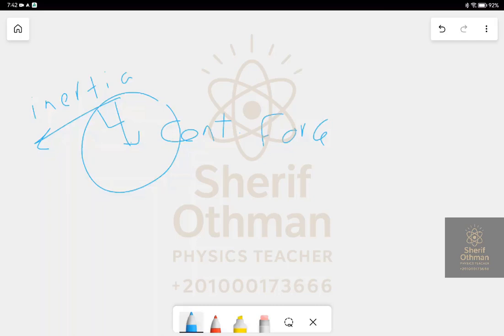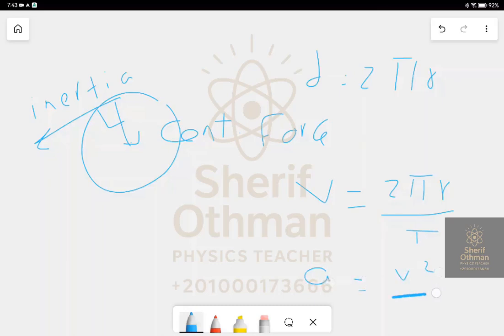moves a distance for each cycle equal to 2 pi r, which is the circumference. The velocity is equal to this distance, 2 pi r, covered in a certain time, which is the periodic time T. And the acceleration of the object is equal to v squared over r, which is called centripetal acceleration.